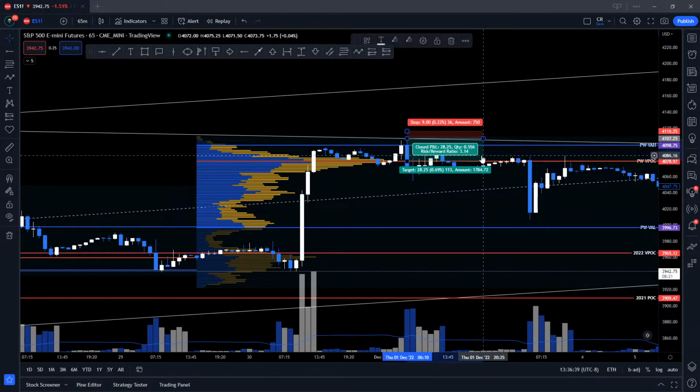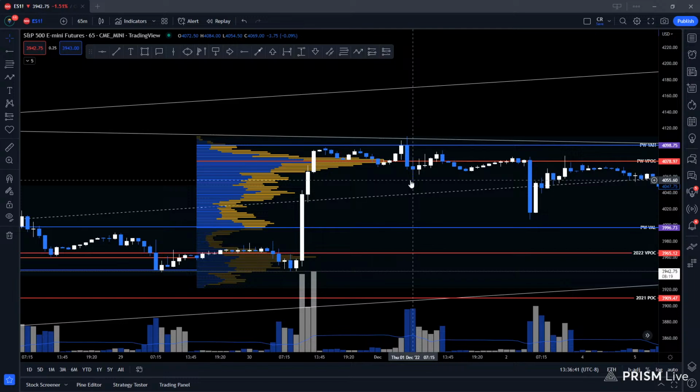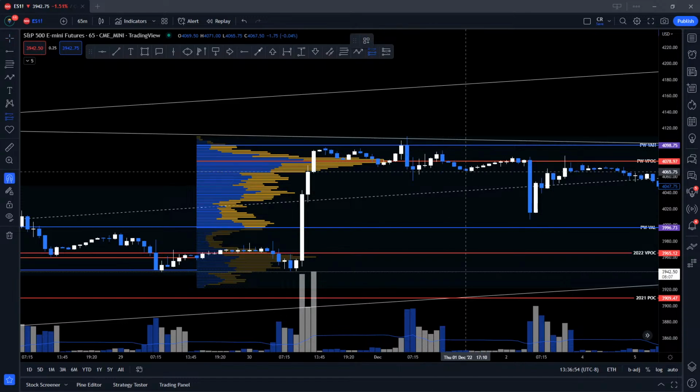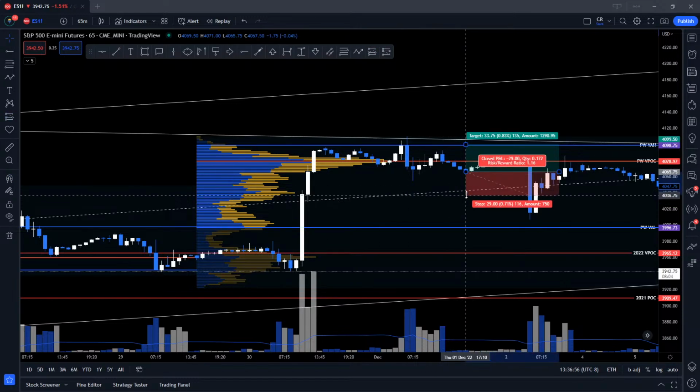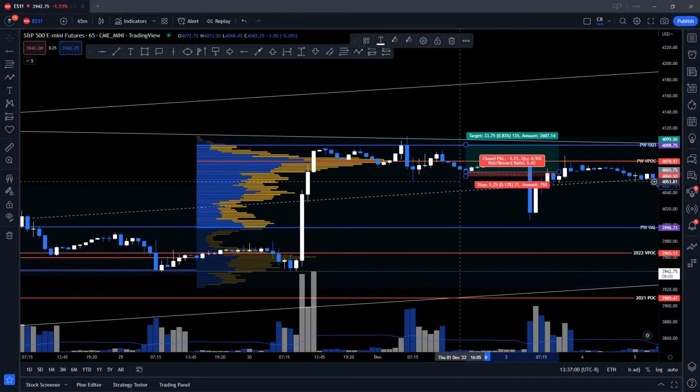But an example would be if I was wanting to go long off this here, which I wouldn't, but just as an example, if this was my long entry here, my stop loss, I would want it to be slightly below this candle or slightly below this candle here.